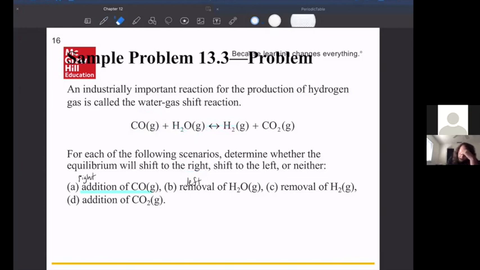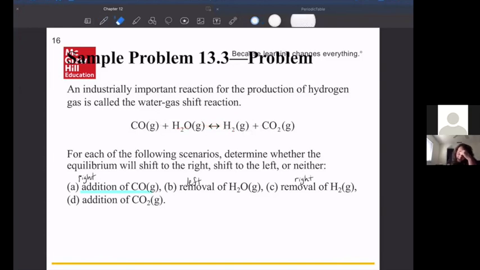What about the removal of a product as it's being formed, right? So I have my product, hydrogen gas. If I start removing that as it's being formed, that will drive the reaction in favor of the products. So this would also drive the reaction to the right.